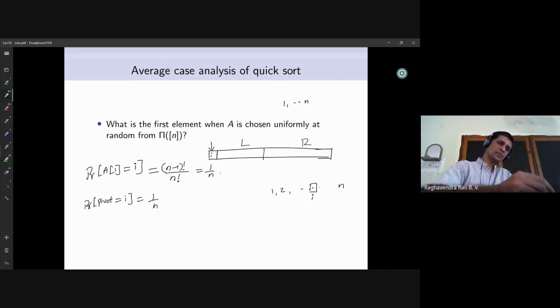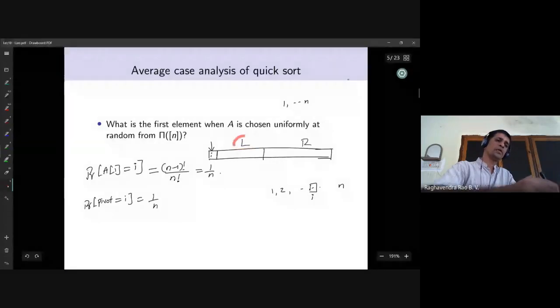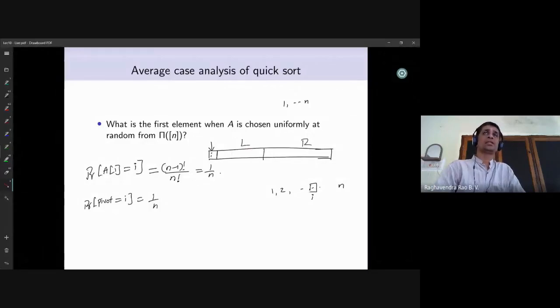So the condition is, remember that as a whole we had a random permutation. Now the elements which are smaller than the pivot, if you consider them in the order given in the array, are again a random permutation of those elements.